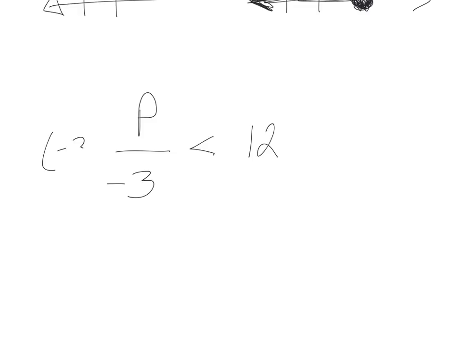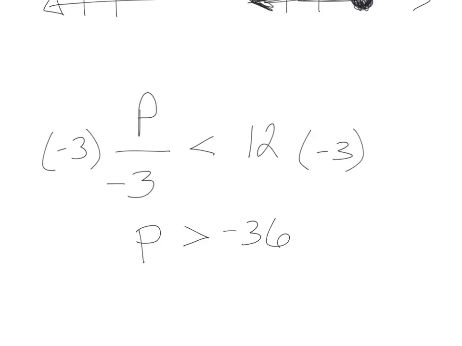So we're going to multiply both sides by the -3. When we're dealing with inequalities, anytime you multiply or divide by a negative number, you have to flip the sign. So we're going to make this less than sign a greater than sign.